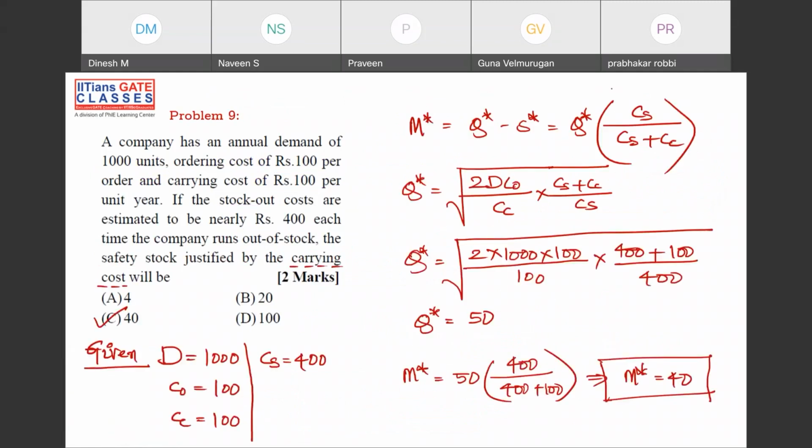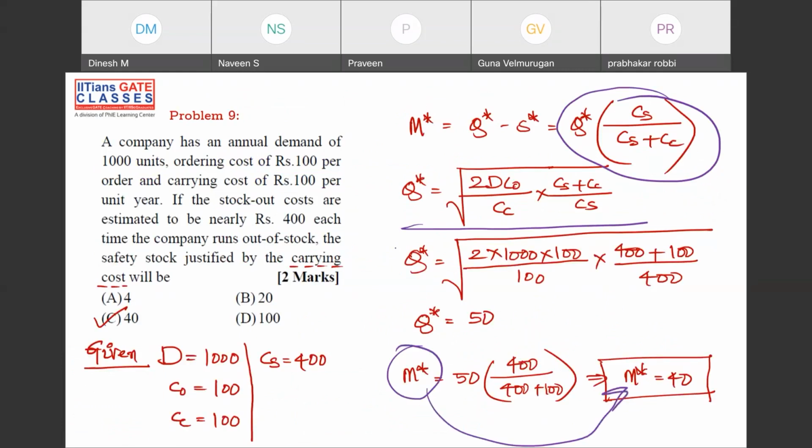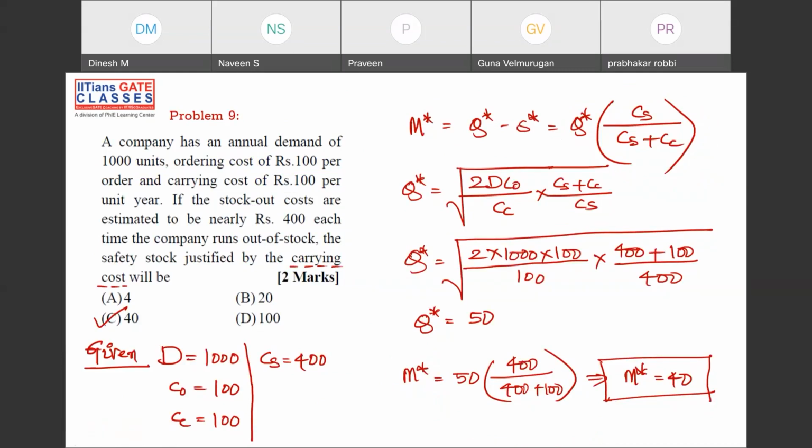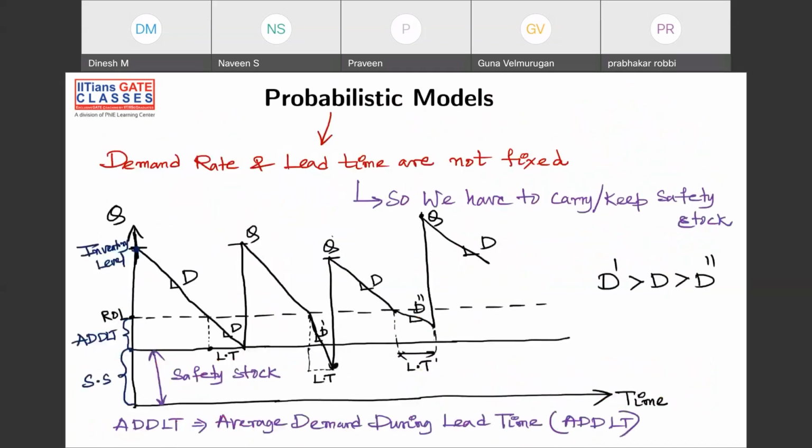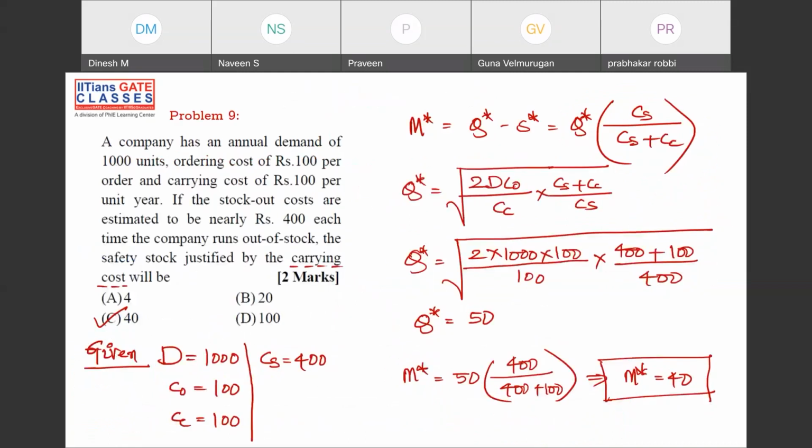The formula is this. You first find Q star, then you find M star. M star is 40. That's it. Is it clear, guys? That's the end of the deterministic inventory models.